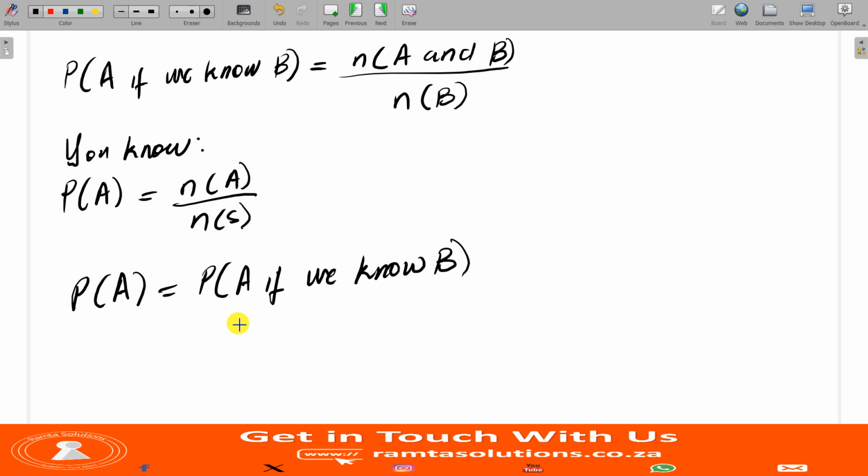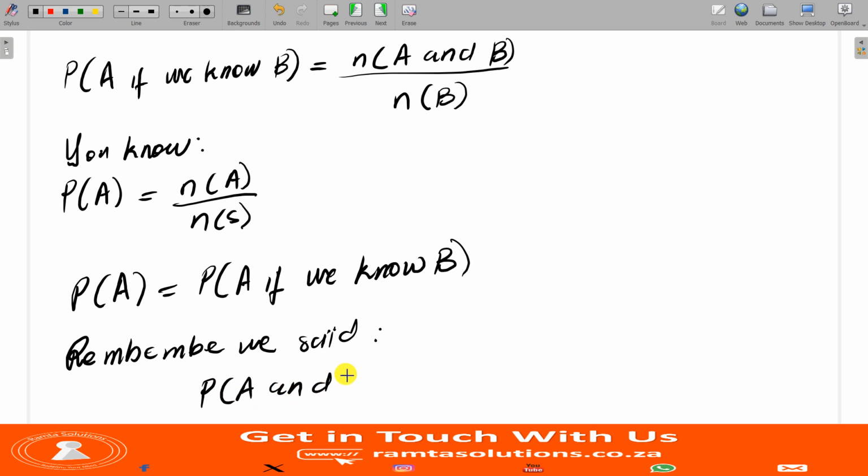Now, let us try to remind ourselves. We are now going to prove this. Remember we said probability of A and B is equal to probability of A times probability of B. You guys remember that, right?